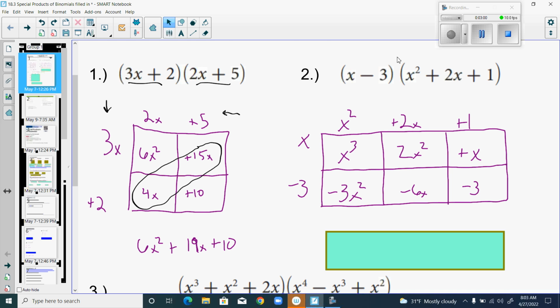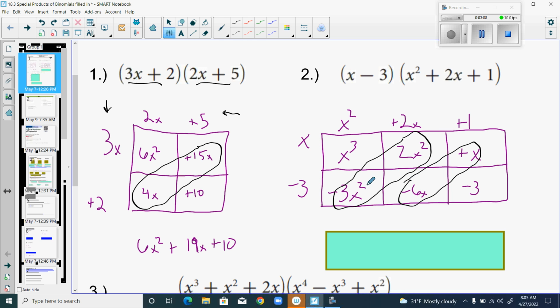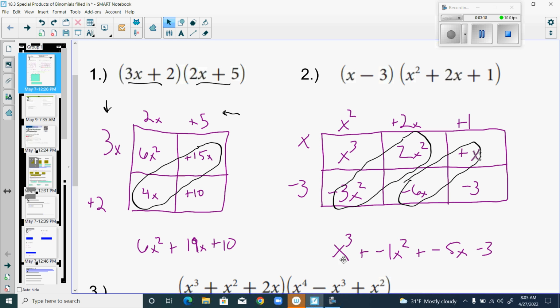Again, we have that pattern of diagonal-like terms here. If I combine those, I end up with a negative 1x squared and a negative 5x. So we get x to the third, negative 1x squared, negative 5x, minus 3.